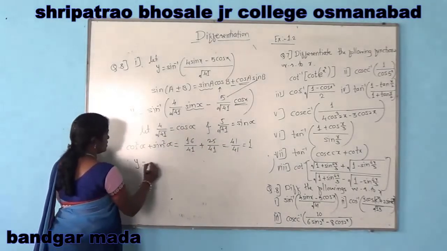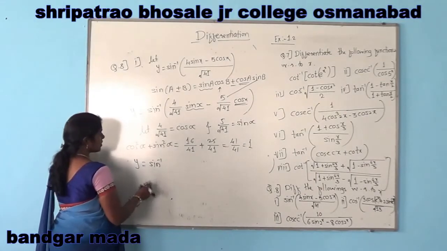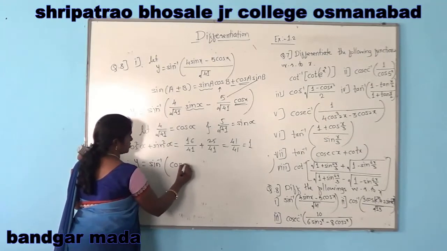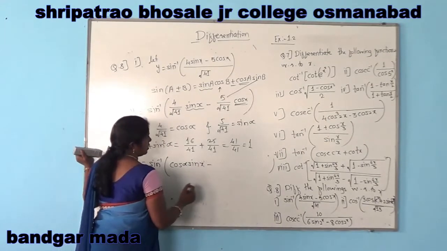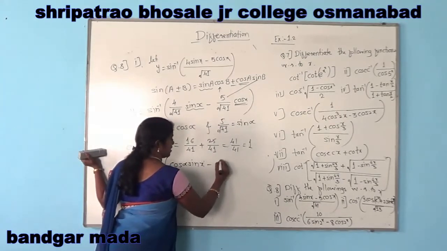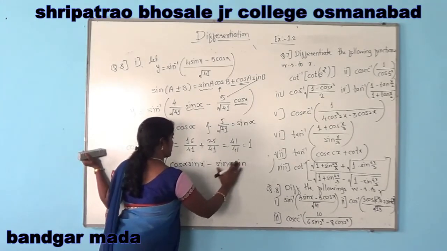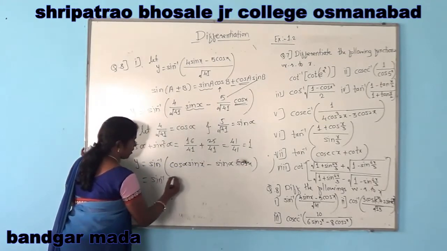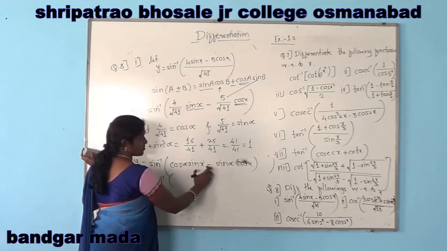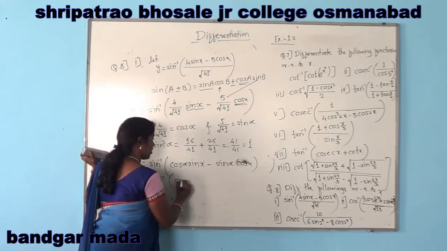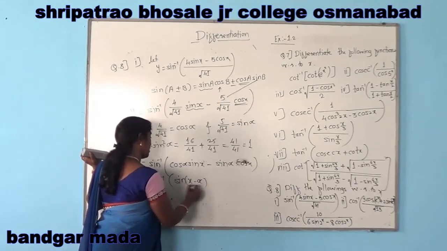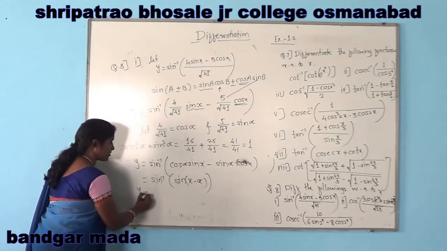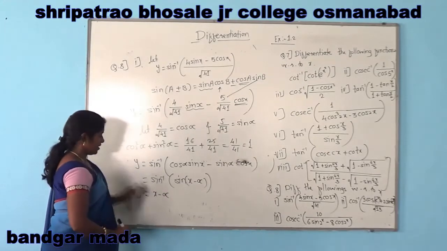So we get y is equal to sin inverse of 4 by root 41, which is cos alpha, sin x, minus 5 by root 41, which is sin alpha, cos x. So we will get sin inverse of sin a cos b minus cos a sin b, sin of (a minus b), that is (x minus alpha). Now sin inverse and sin will cancel and we get y is equal to x minus alpha.